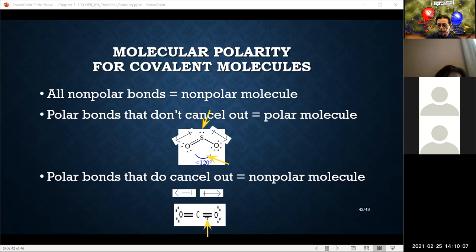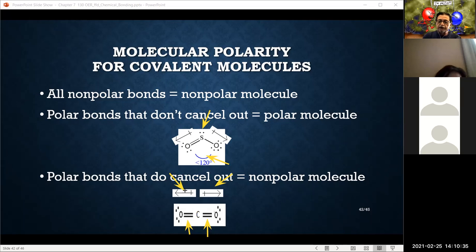The bond between the carbon and the oxygen on the right-hand side is polar. The bond between the carbon and oxygen on the left-hand side is polar. Carbon dioxide has two polar bonds, but because of the structure of the molecule, because the arrows go in opposite directions from each other, guess what?